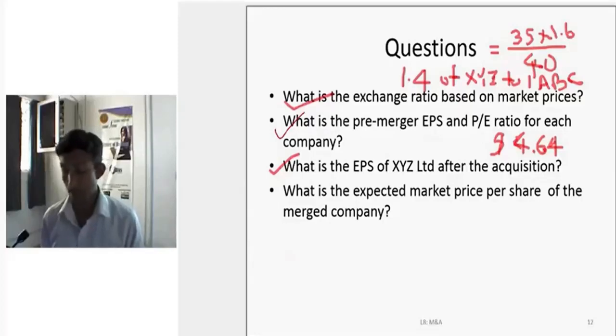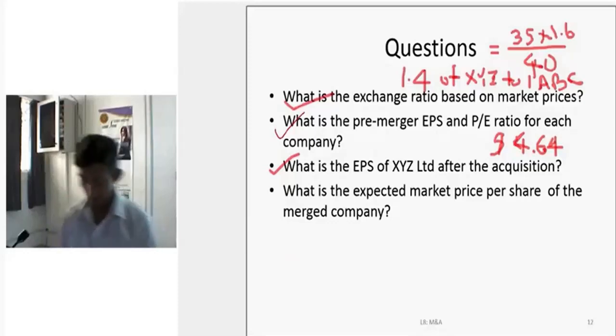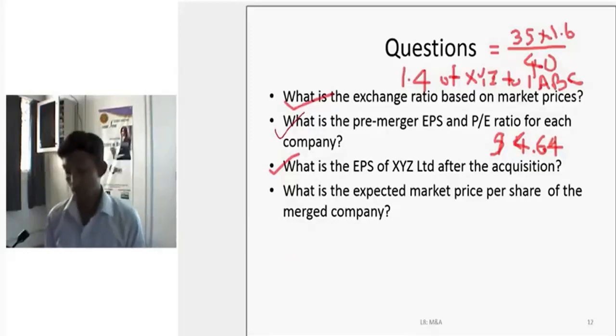I'll give you 2 minutes to think about and calculate the expected market price per share of the merged company. How do we calculate that?